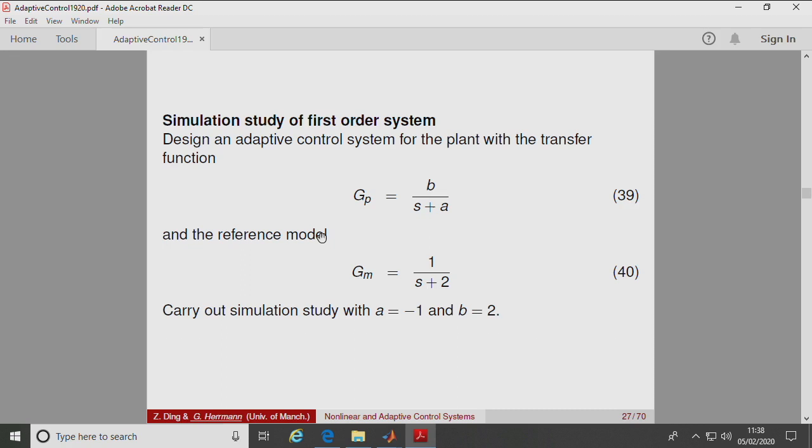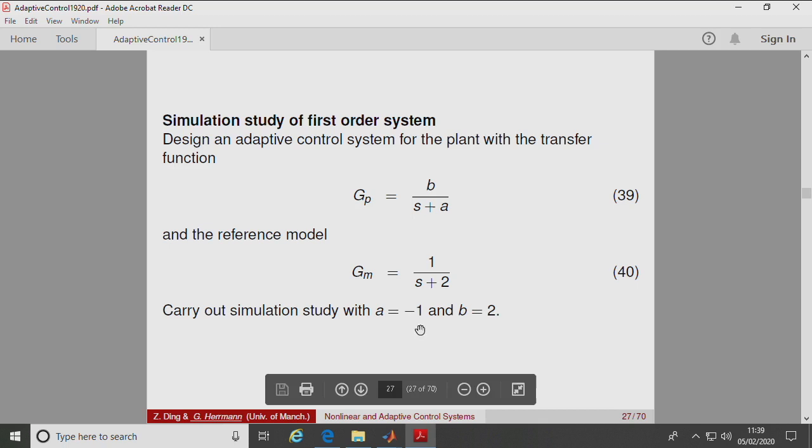But I want you to understand this, and as you see here, in our case the plant is GP equals B over s plus A. We have here A equals -1 and B equals 2. So the sign of B is 1.